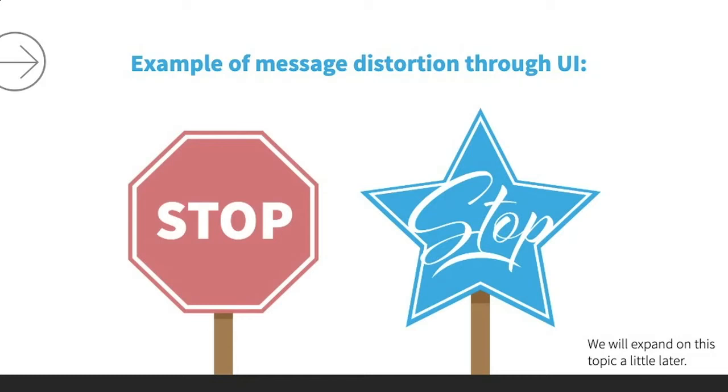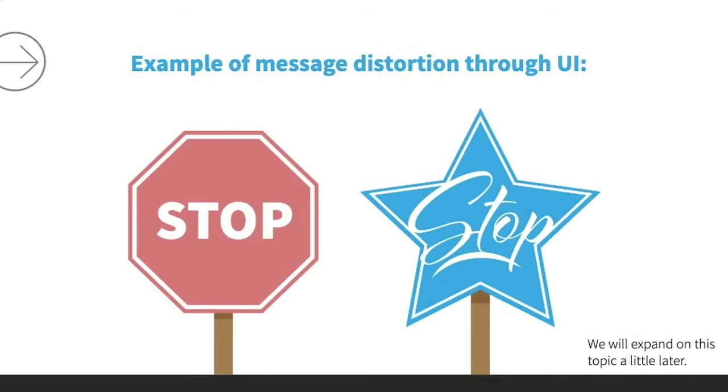Now, if you look at the example to the right, the message is the same, right? It's the same word, but because the sign is unfamiliar to us and the script font might be a little bit difficult to read, we don't really understand what we're stopping for. Are we stopping to avoid an accident?